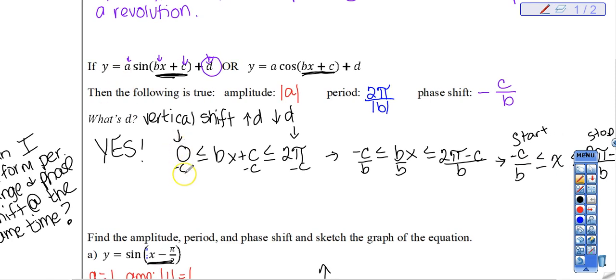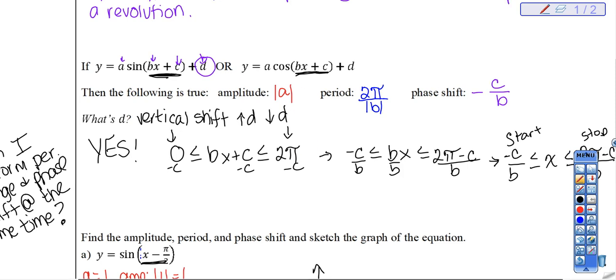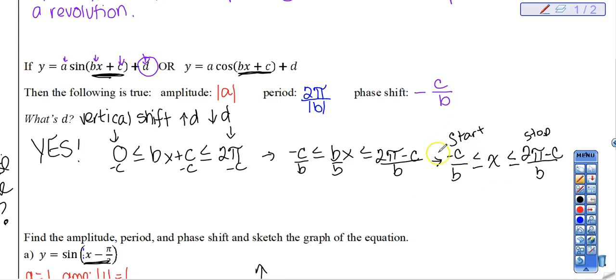We take one period of the sine function from 0 to 2 pi, just one revolution of the sine or cosine function, and we take the horizontal actions, the bx plus c, set that in the center of a compound inequality and solve for x. And when we solve for x, we'll end up with a new starting point for a rotation and the end point for one cycle of the sine or cosine function. So this we are going to employ today.